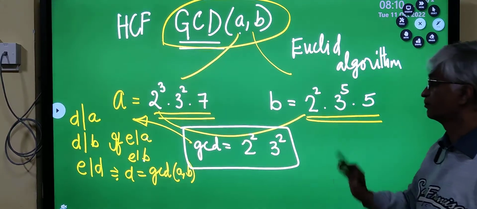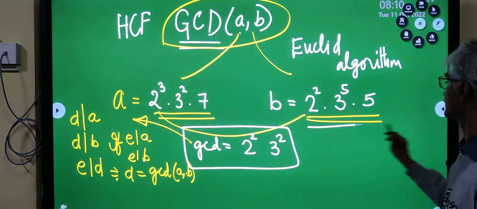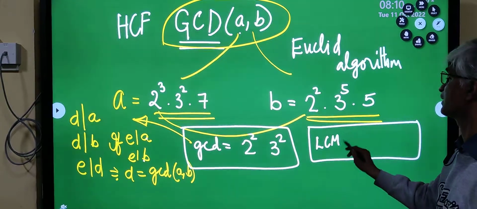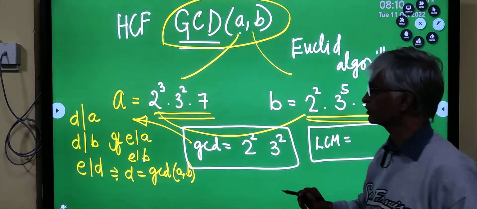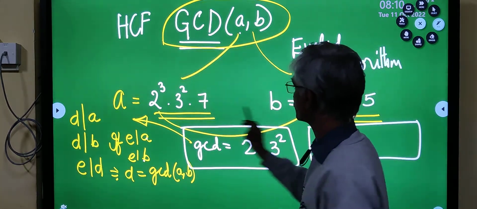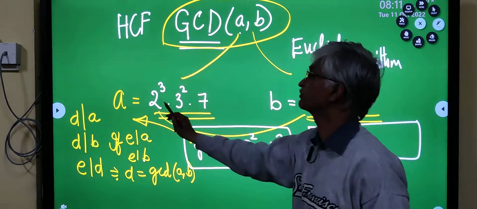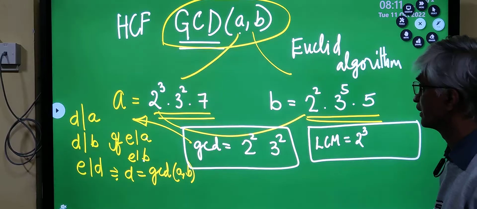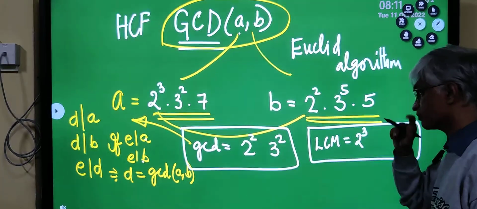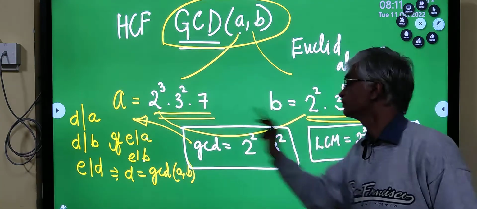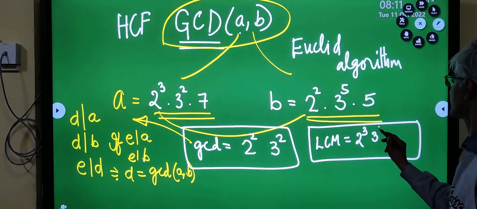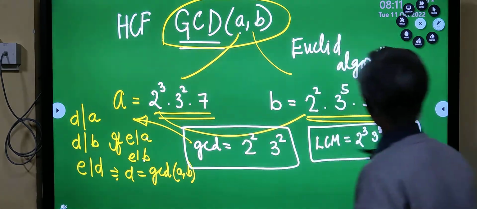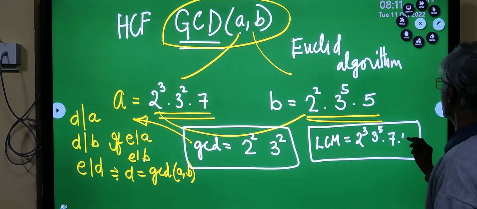There is no issue there, but let us write down one more thing here that is worthwhile. What is the least common multiple? In the case of the least common multiple, you have to choose, instead of the smallest, the greatest. So this is going to be 2 cube, and then in these two you have to have 3 raised to 5, and you should also include the numbers which are not there, into 7 and into 5.